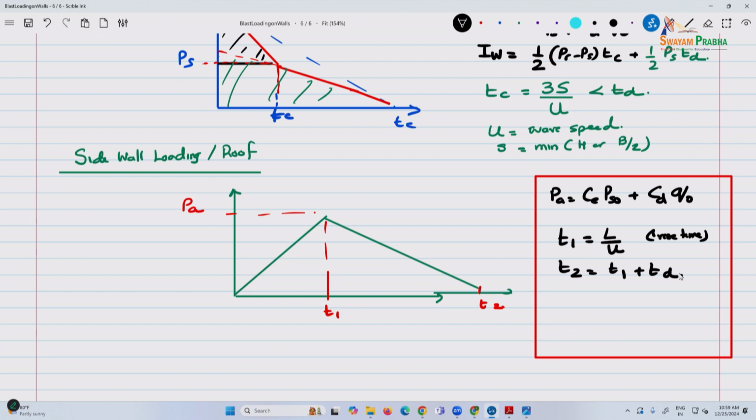So there is a graph for CE versus L over LW. The graph looks something like this. You can calculate it from that.